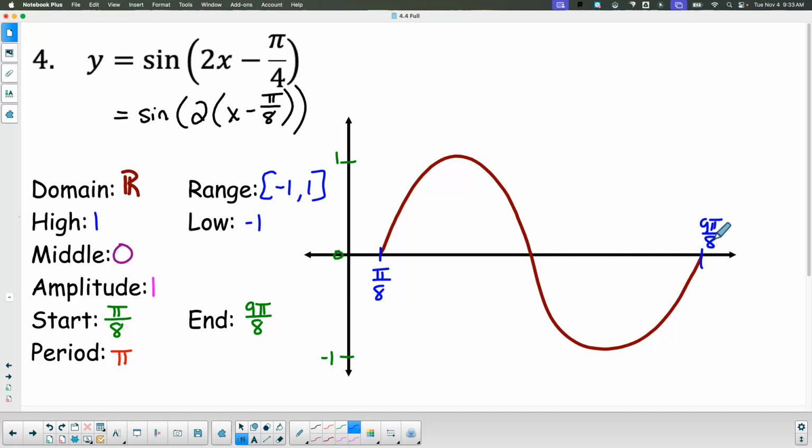One plus 9 is 10, divided by 2 is 5. 1 plus 5 is 6, divided by 2 is 3. 5 plus 9 is 14, divided by 2 is 7. Agree?